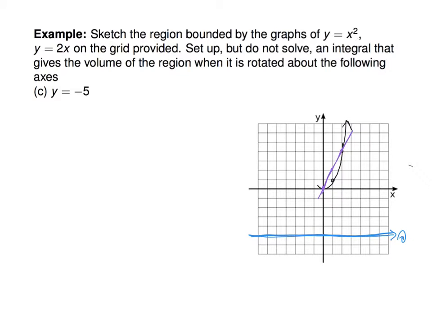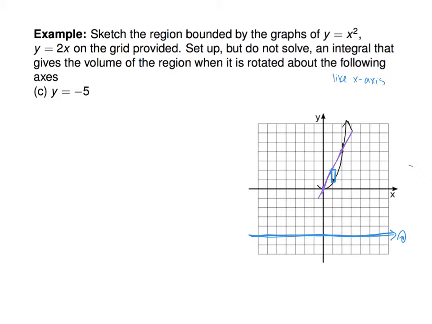So is this more like the x-axis spin or more like the y-axis spin? More like x, do you agree with that? Okay, so kind of like the x-axis, which means you're going to use x values just like you do with the x-axis rotation? Yeah? Okay. So we slice like this.